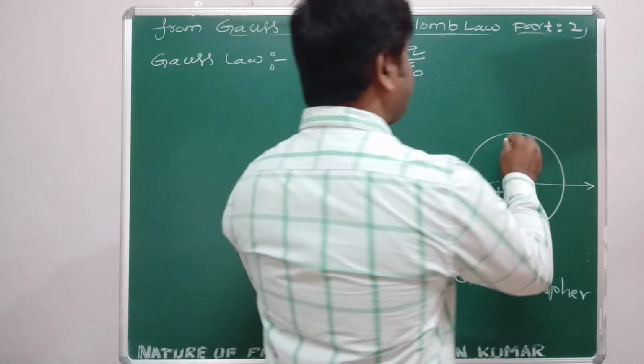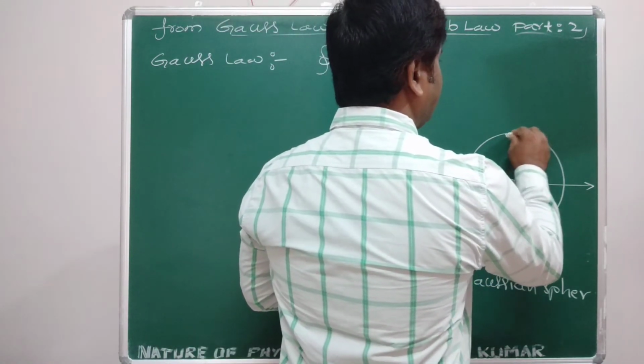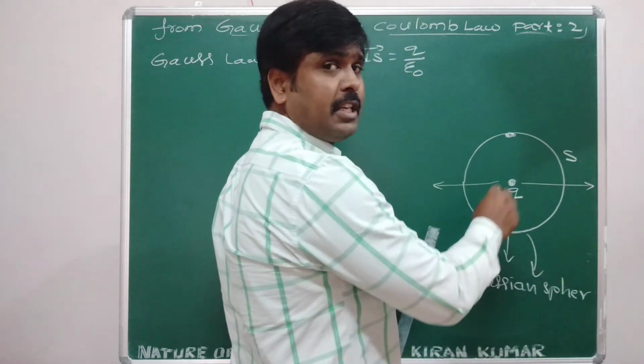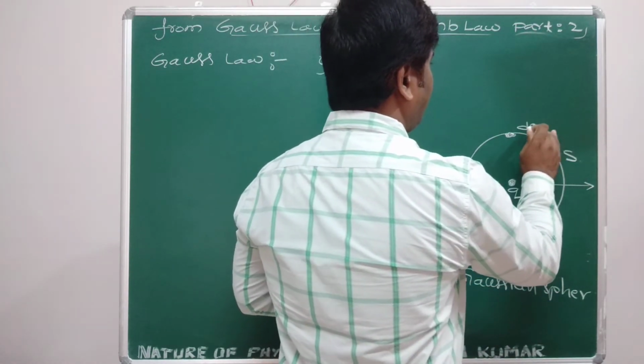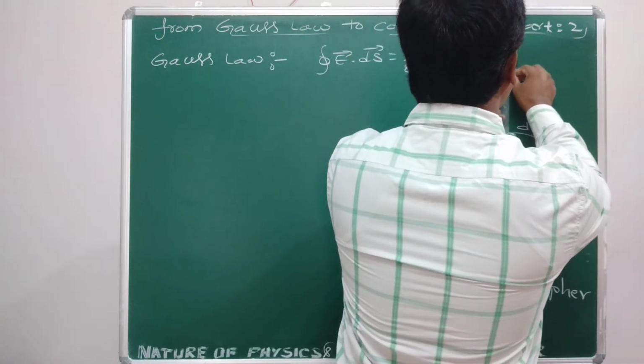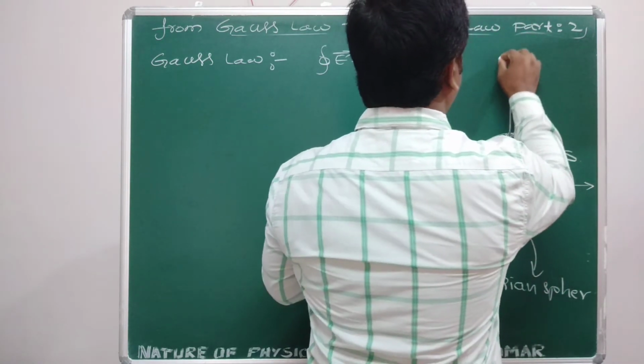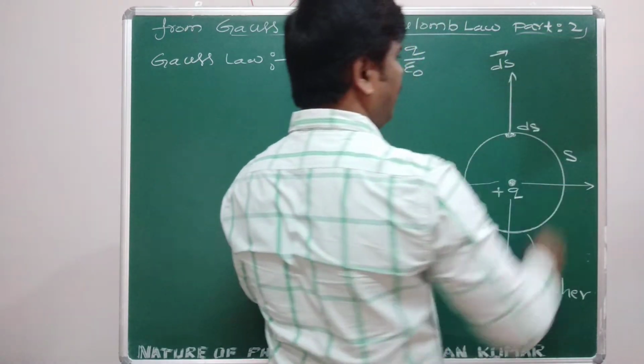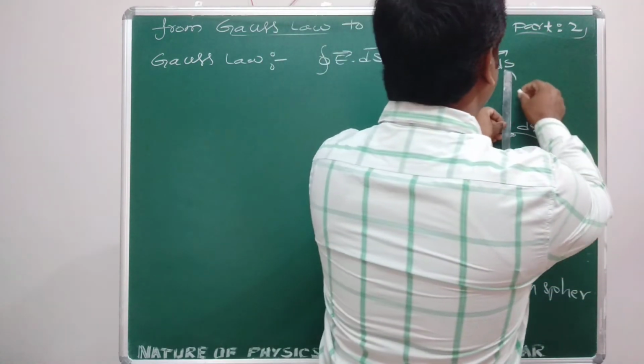On the Gaussian sphere, S is the surface area of the Gaussian sphere, ds is the small element area, and ds bar is the area vector. The electric field is radially outward.